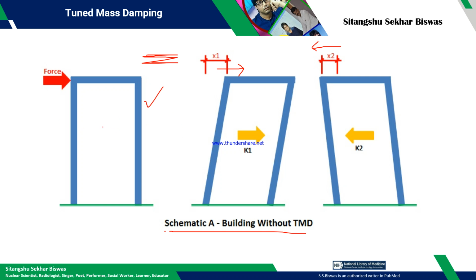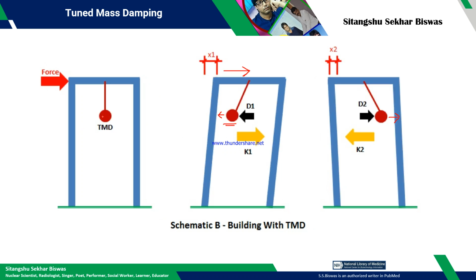Then you design a pendulum. The time period of a pendulum is 2 pi root over L by g. So you design a pendulum system and suspend it here. Say the natural frequency of the building is f.